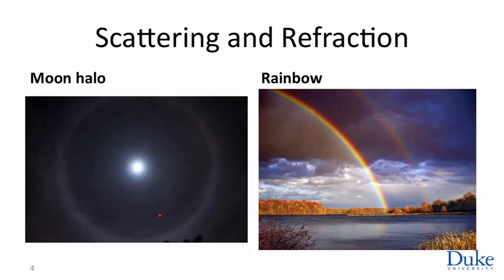And so if the sun is high in the sky, this is typically below you and you don't see anything. But if the sun is low, you can see parts of a big circle in the sky in the direction opposite the direction of the sun. And because the light has gone through water and the optical properties of water depend on the wavelength, different colors of light get deflected by slightly different angles, and we get the brilliant phenomenon of the rainbow.